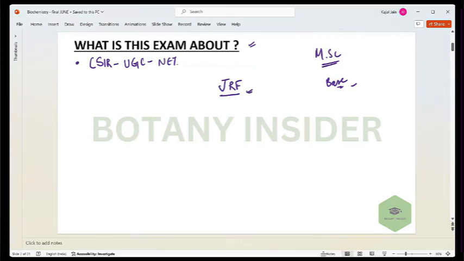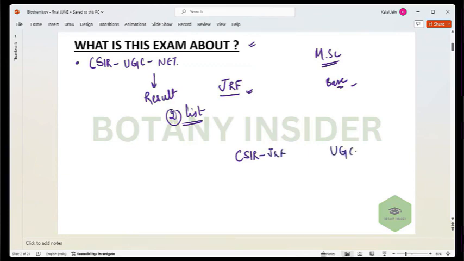When the examination results are announced, the result has two different lists. Okay, one list is CSIR JRF, and the second list is related to UGC JRF. So what is the difference between these two? There is not even a single point difference between any of these two things.